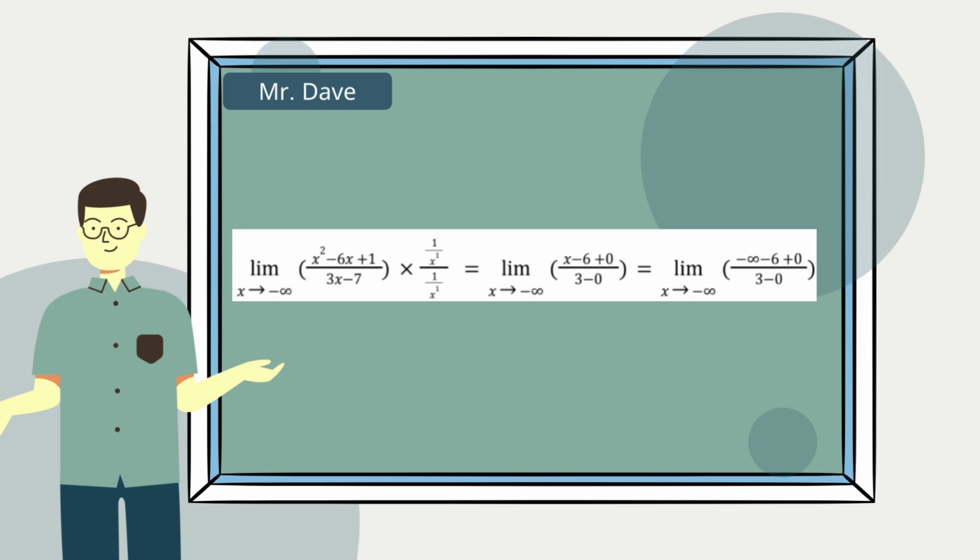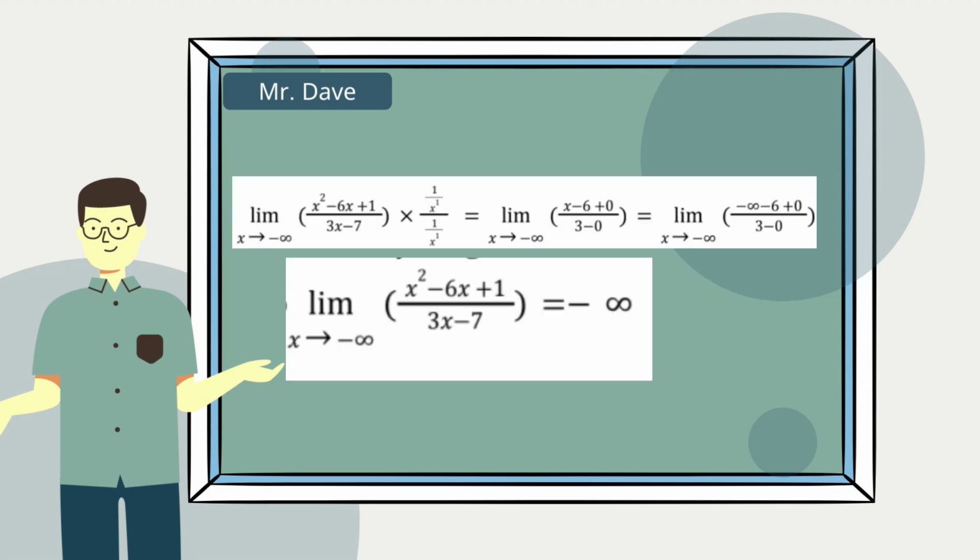Since we are approaching negative infinity, the x will become negative infinity, and as we evaluate it, negative infinity is a very large number. Even if we add numbers and divide it, it is still a large number, so the limit of (x squared - 6x + 1) over (3x - 7) as x approaches negative infinity is equal to negative infinity.